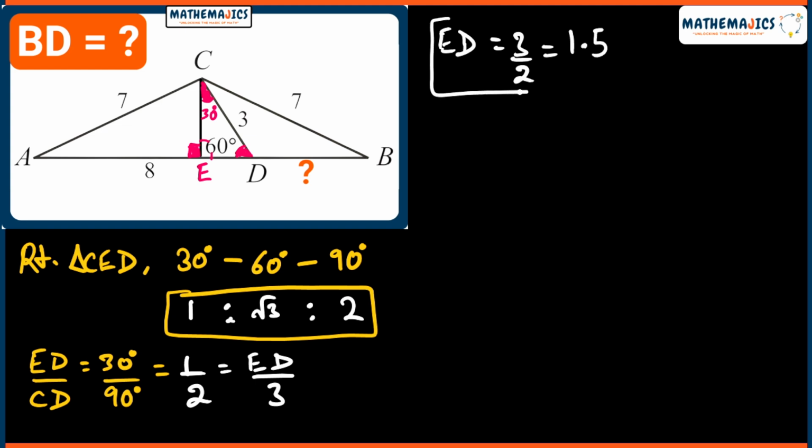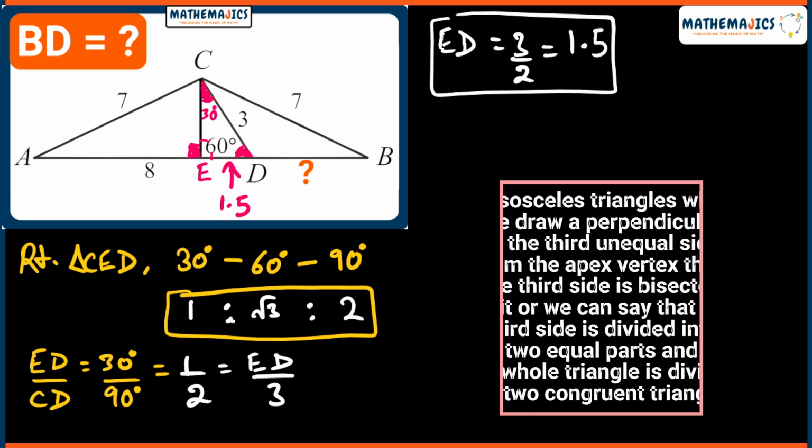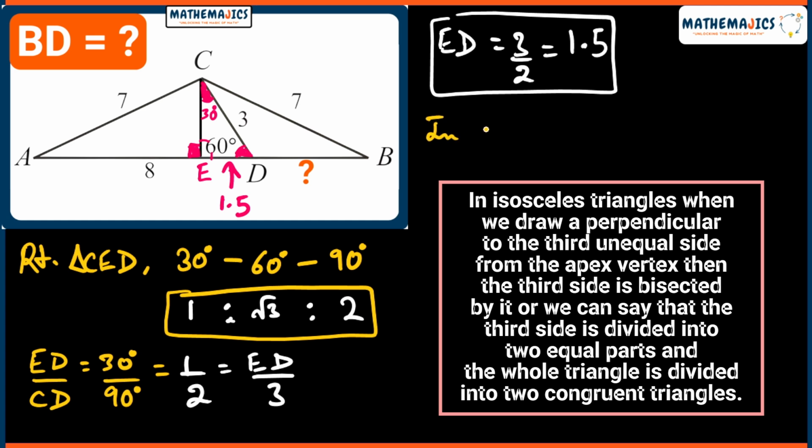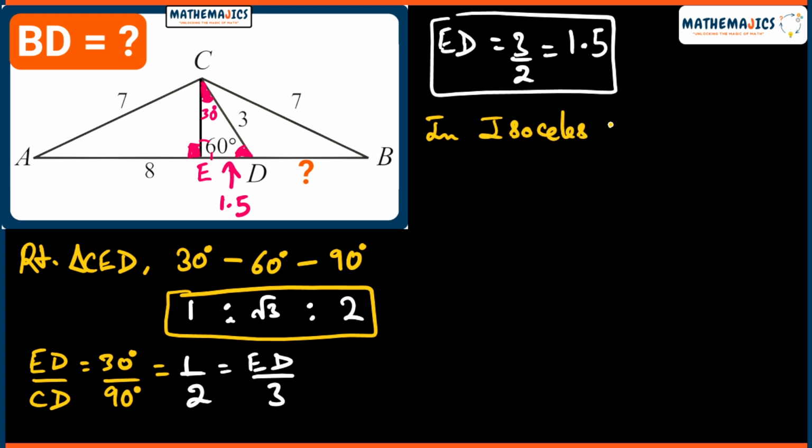Please keep this in mind. ED is 1.5. Let's mark this in the figure. Now, in an isosceles triangle, the perpendicular on the base divides the base into equal halves. In isosceles triangle ABC, CE is perpendicular to AB.